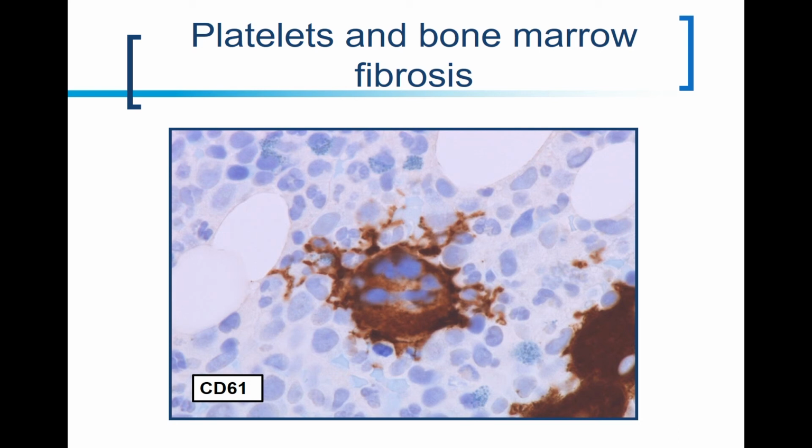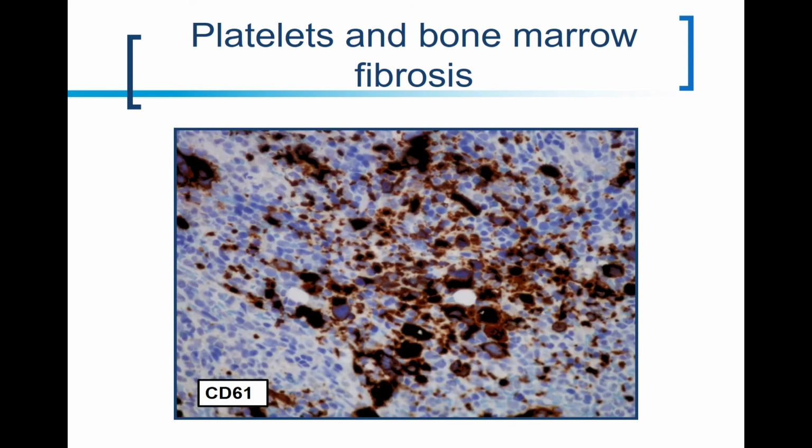This is a megakaryocyte. It has multiple nuclei, and it just has these tendrils around the edge, which are where the platelets are going to come from. And normally it looks compact like this, and the rest of the bone marrow is pretty clean. Where it's blue, that's just other blood cell forming types that have nothing to do with megakaryocytes, and so they're not stained brown. This is what happens in a really fibrotic myeloproliferative marrow.